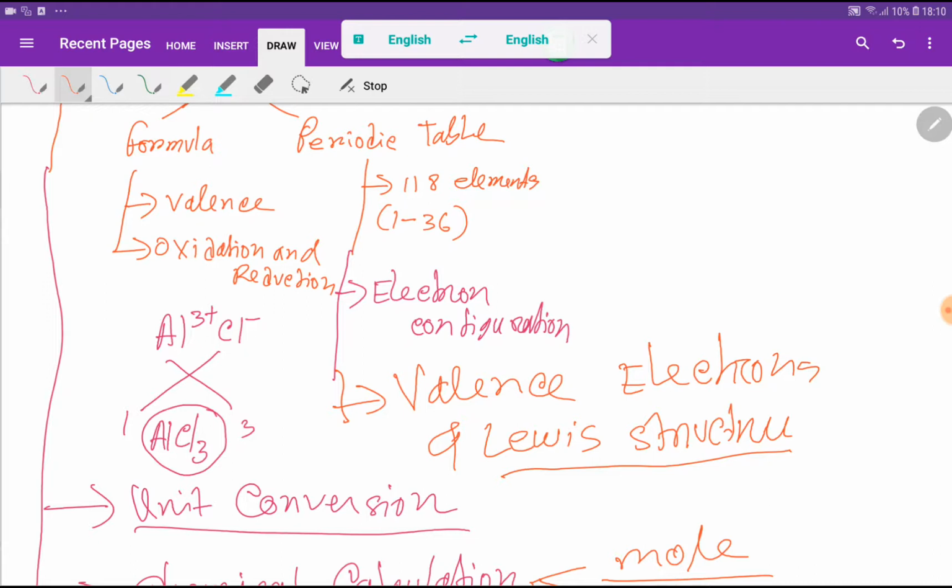Okay, so to draw the Lewis structure you have to have knowledge about valency electrons. Valency electron means the electrons that are contained in the outermost shell of the elements, right?